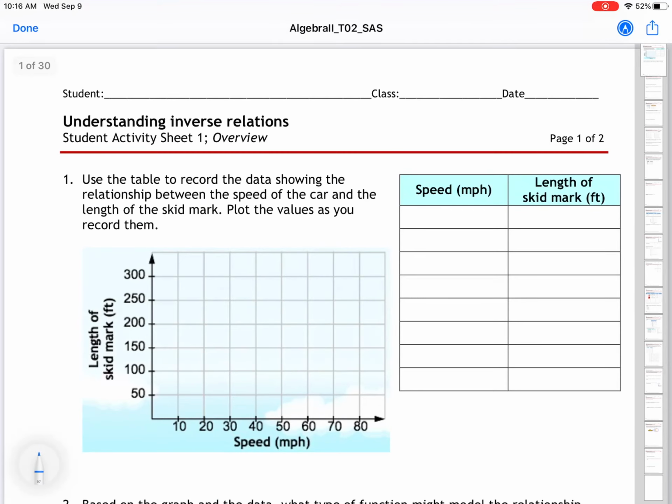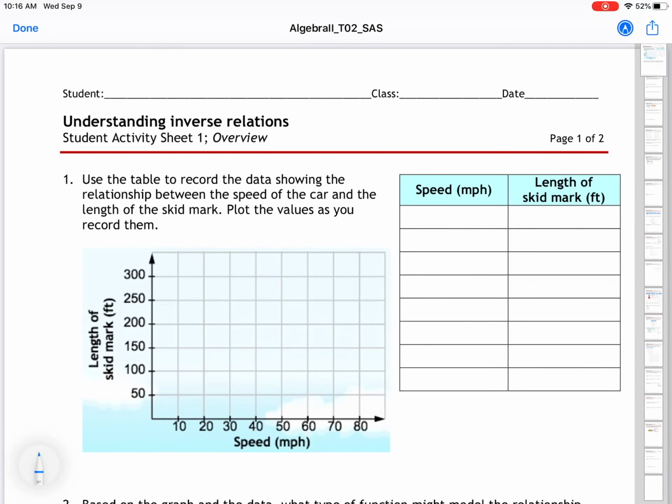All right, I just want to touch base over what we did yesterday in class for some people who weren't here. We watched a video or an animation that showed a car driving so many miles per hour and then stopping, and then driving a little faster and then stopping, and faster and stopping, and so on.